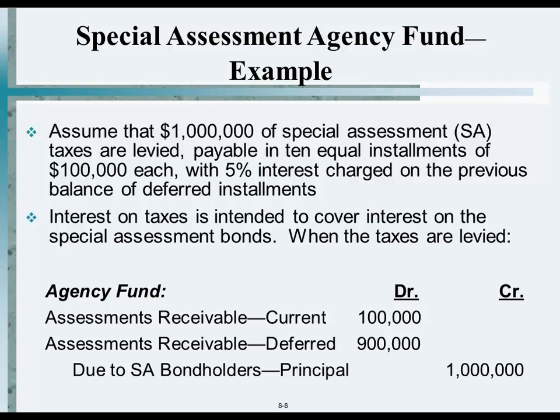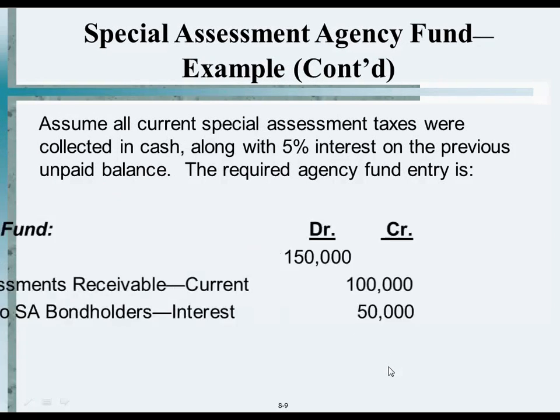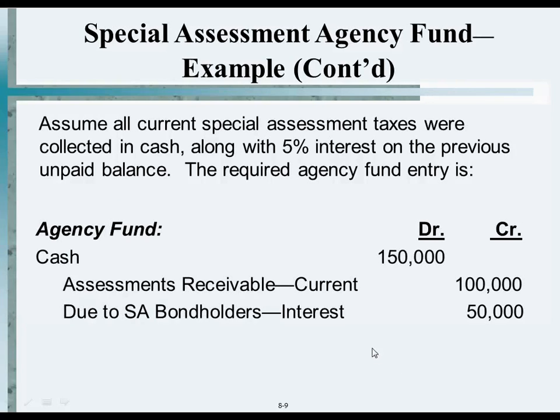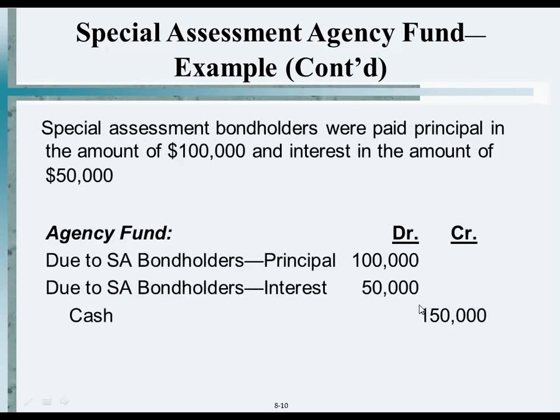So you see that the first year this becomes current, the next year out of this 100,000 will become current. Here cash is being received for the principal plus interest at 5%. 5% of $1 million is 50,000, so they receive 150,000, and now they need to pay 150,000 to the bondholders. It's straightforward journal entries, collecting from the property owners and distributing it to the bondholders.